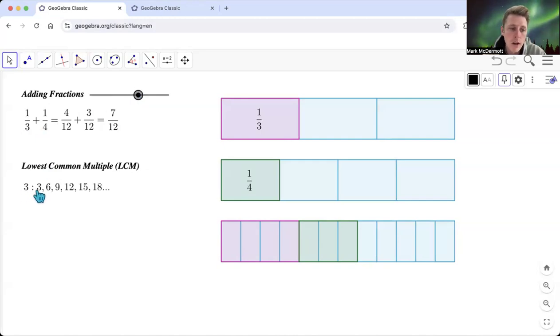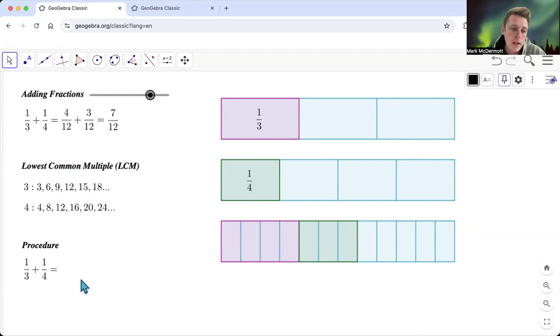The multiples of 3 are 3, 6, 9, 12, 15, 18, and so on. Multiples of 4 are 4, 8, 12, 16, 20, 24. Now we need the lowest common multiple, so the lowest number that's in both lists. Hopefully you can see that the lowest number is 12. So that's why I picked 12 to break the bar up into.